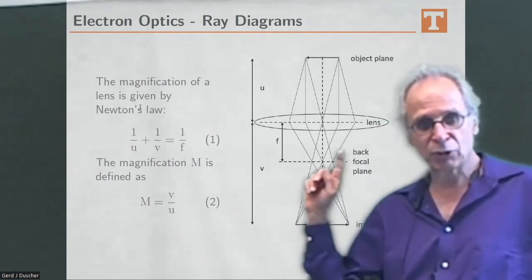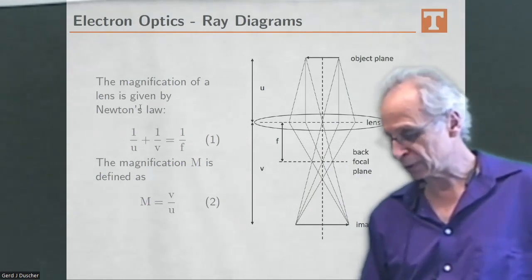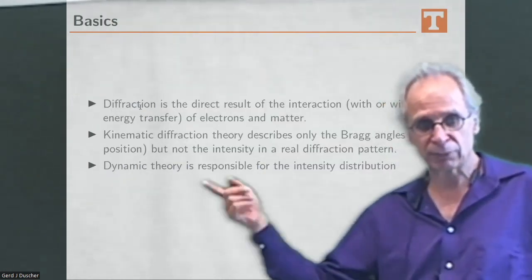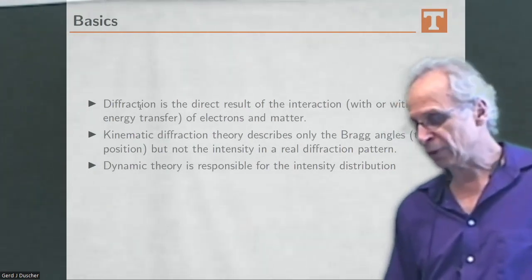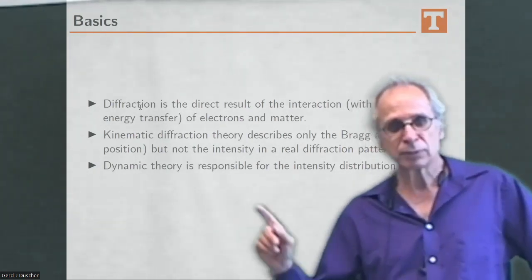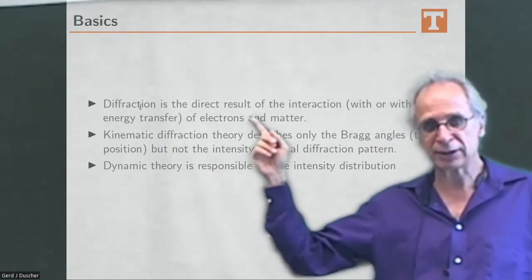So here we have them sorted by angle, and spatially we had them already sorted by energy with a magnetic field. So we have our diffraction, elastic diffraction.